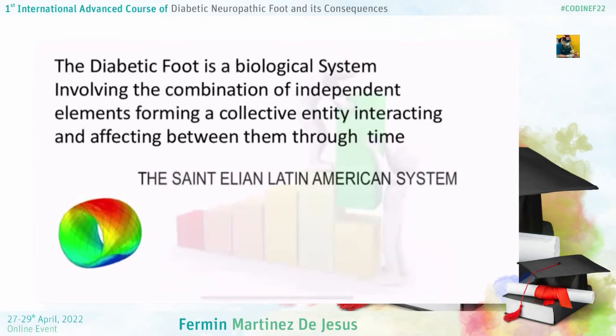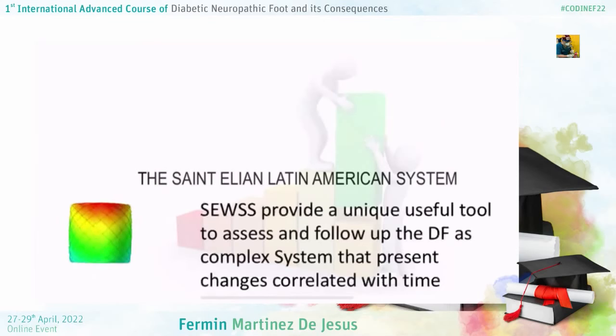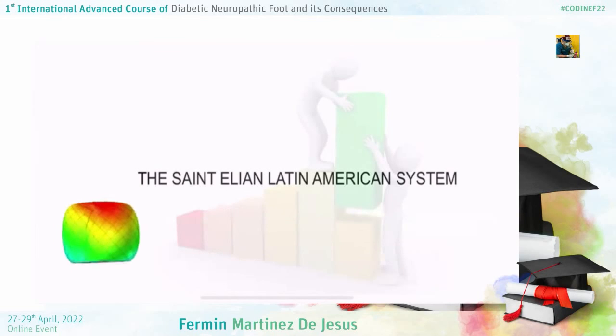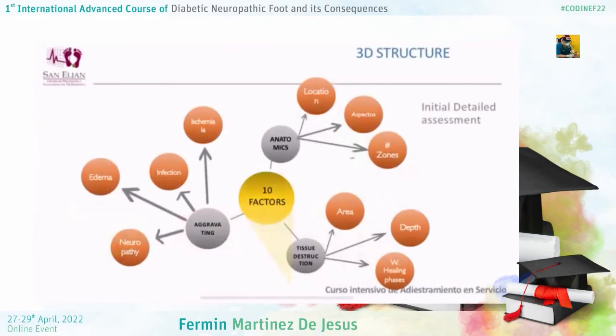So the San Elian system is important because the diabetic foot is a biological system involving the combination of independent elements forming a collective entity, interacting and affecting each other through time. So the system provides a unique, useful tool to assess and follow up the diabetic foot as a complex system that changes through time.